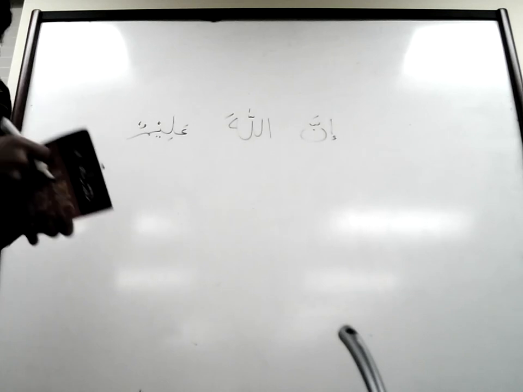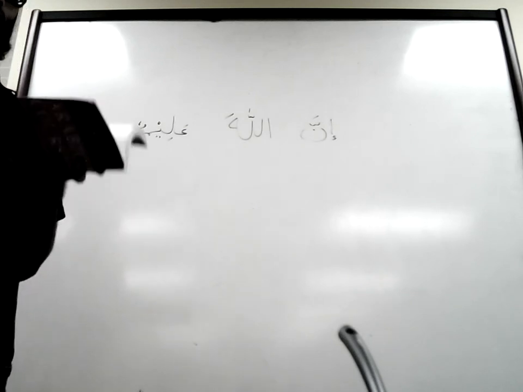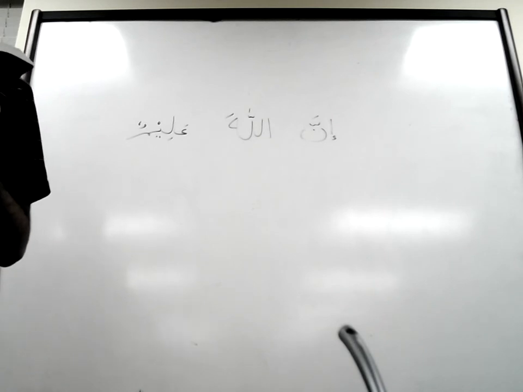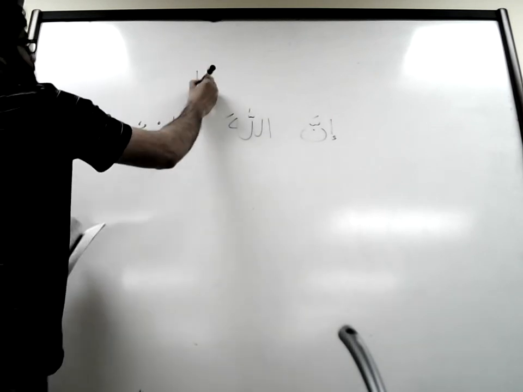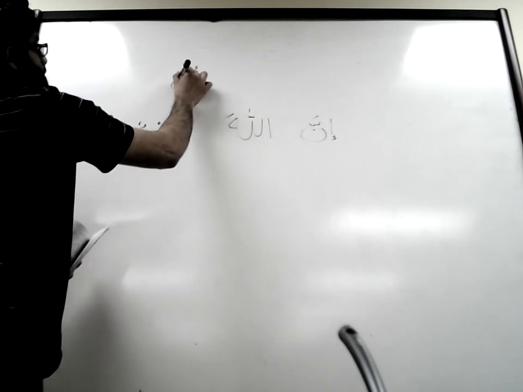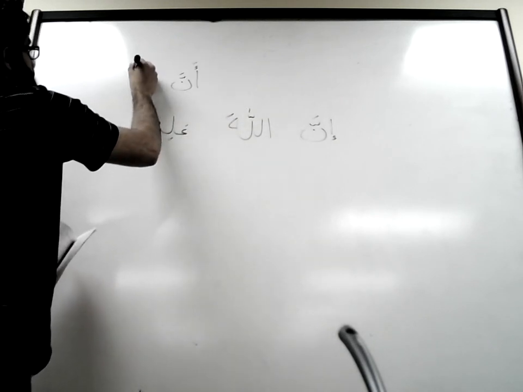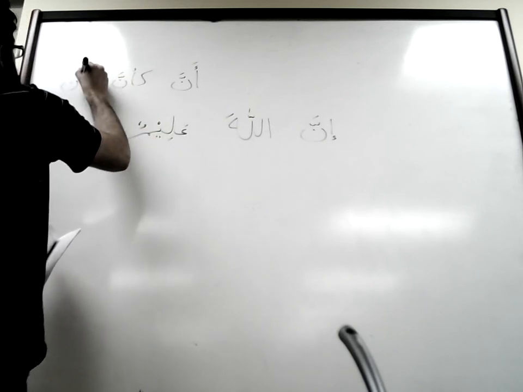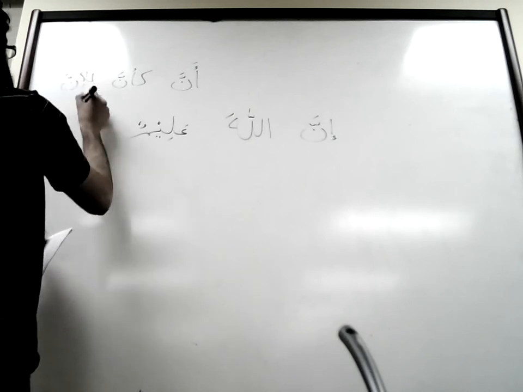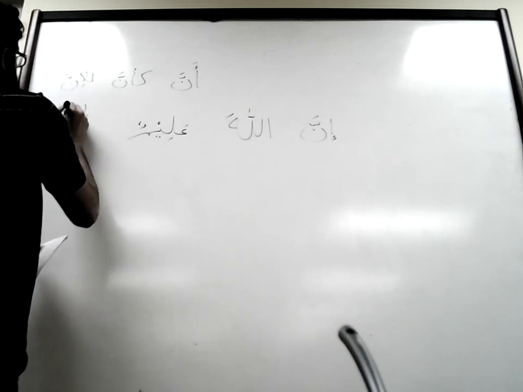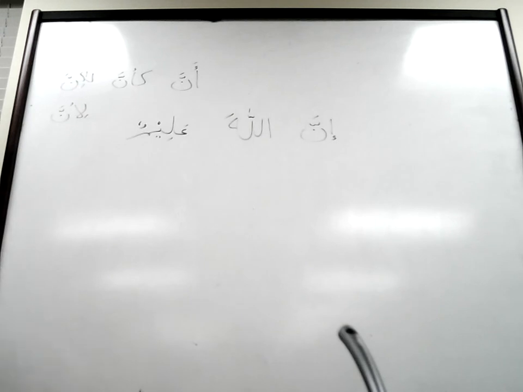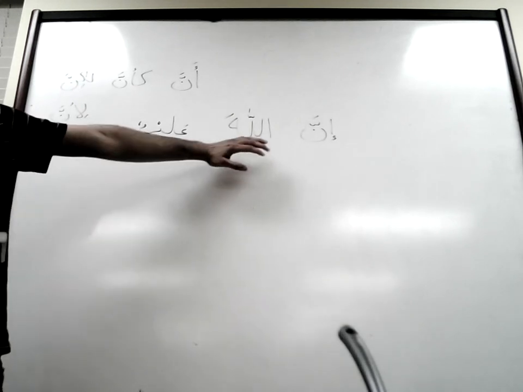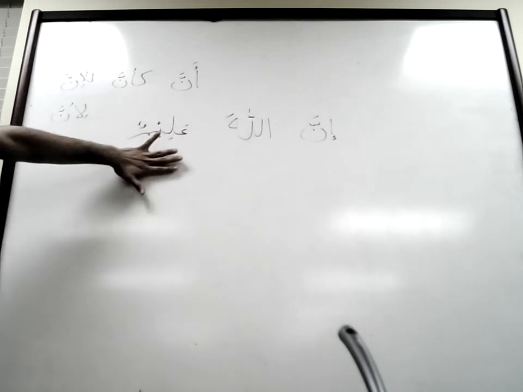Okay. And this also goes for la'alla. What were some other words that we learned that are sisters of inna? Anna, which means that. What else? Ka'anna means as if. What else? Lakinna means but. Li'anna means because. Okay. So all of these are going to be used in different places for different functions, but they're all going to make the noun that comes after it mansoob, and they're going to leave the khabar.